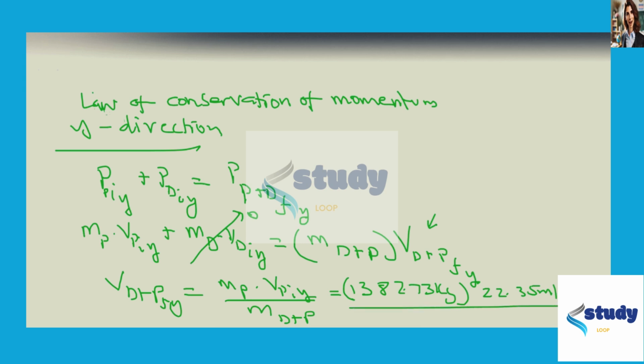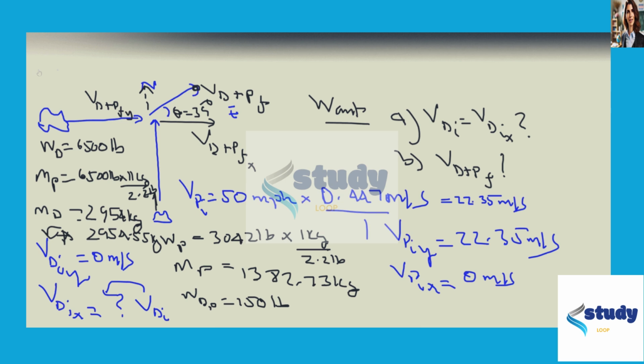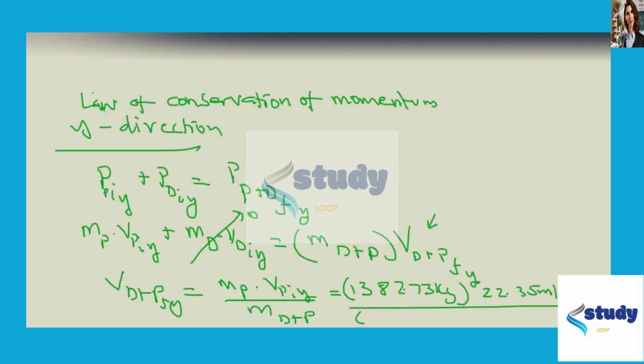And then we want to add these two masses together. So we have the Durango, which is 2954.55 kilograms, plus the 1382.73 kilograms. That's the Prius.